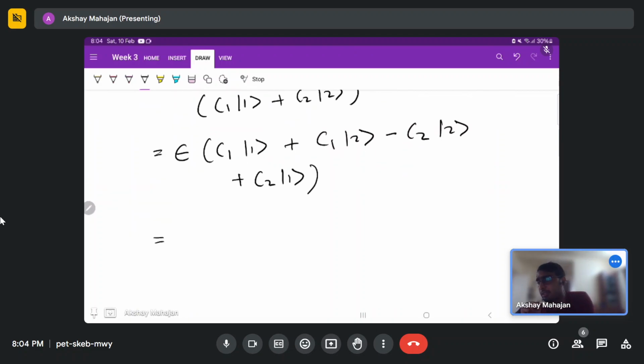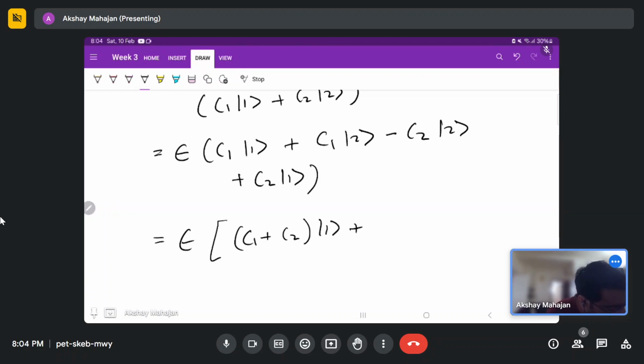So here we can write epsilon times, taking ket 1 and ket 2 common, C1 plus C2 times ket of 1 plus C1 minus C2 times ket of 2.